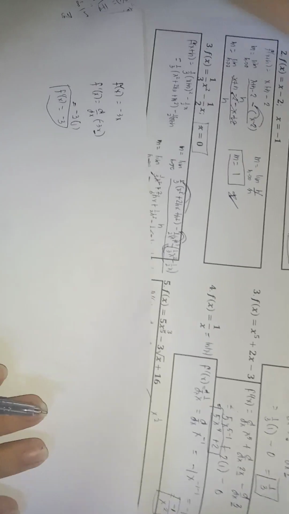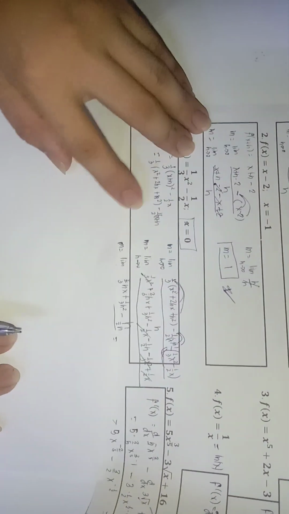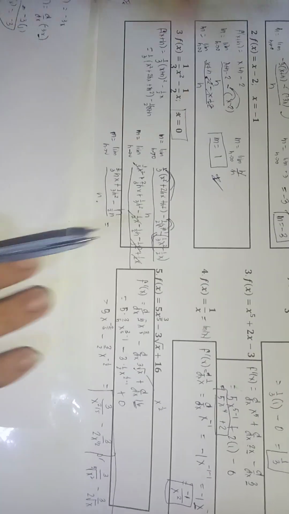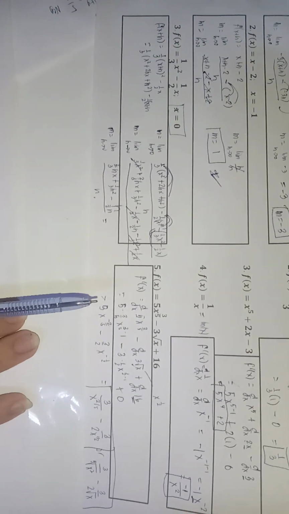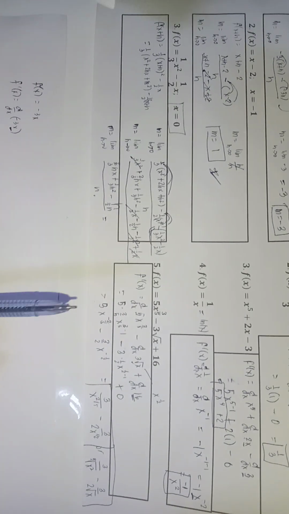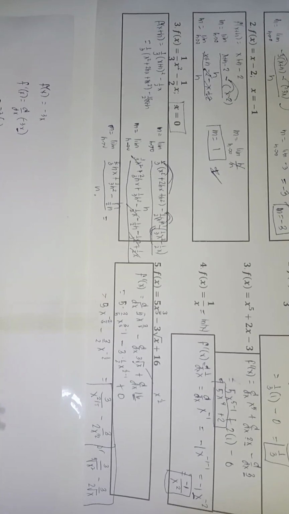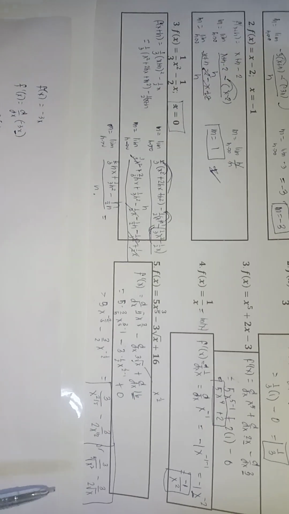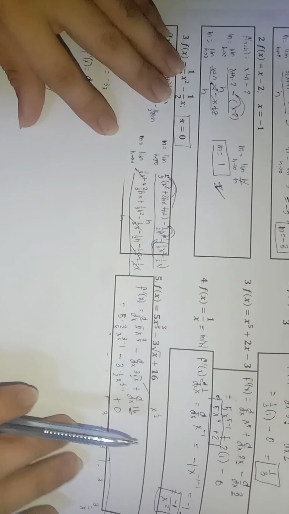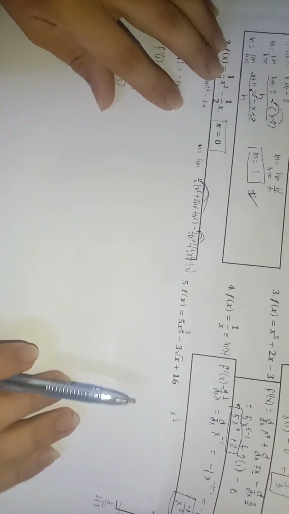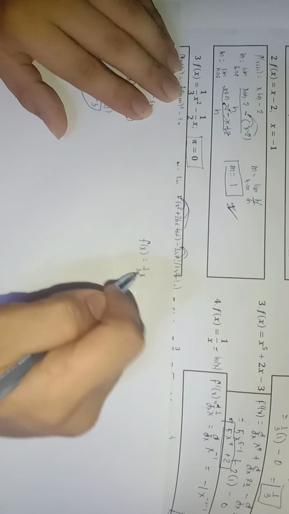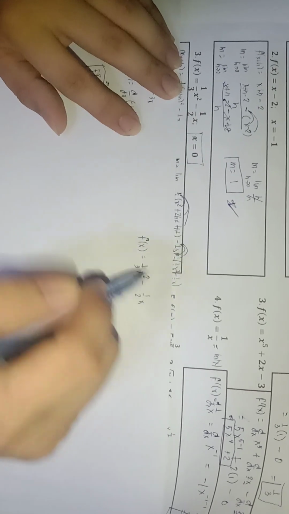Sa number 3 naman natin kanina, the result is ito. Nasaan yung result kanina? Okay, nawala yung result kung saan na napunta. Sige, gamit yung derivative ng number 3 kanina sa slope. Copy na natin yung function 1/3 x squared minus 1/2 x.